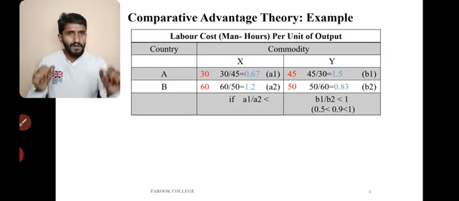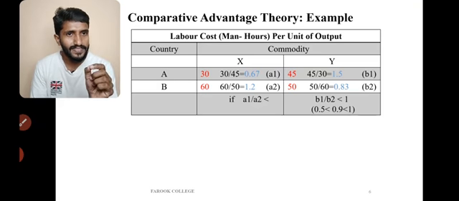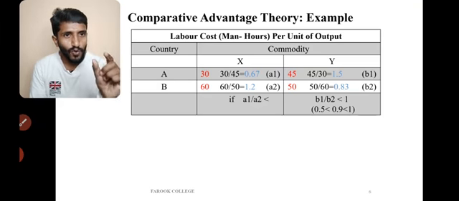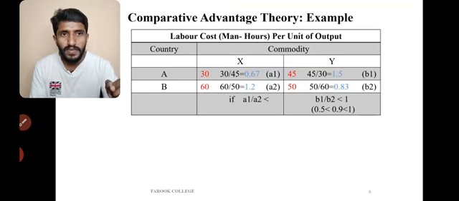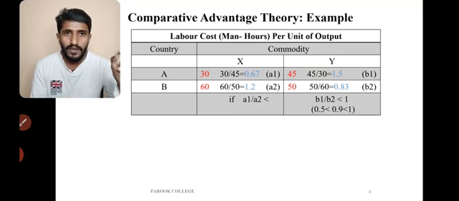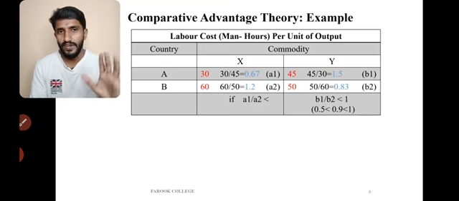Then tell me which one is lower in producing commodity X. In producing commodity X, comparative cost in country A is 0.67. Clear? But comparative cost in B is 1.2. Which one is lower? I mean, A has comparative advantage in producing commodity X.